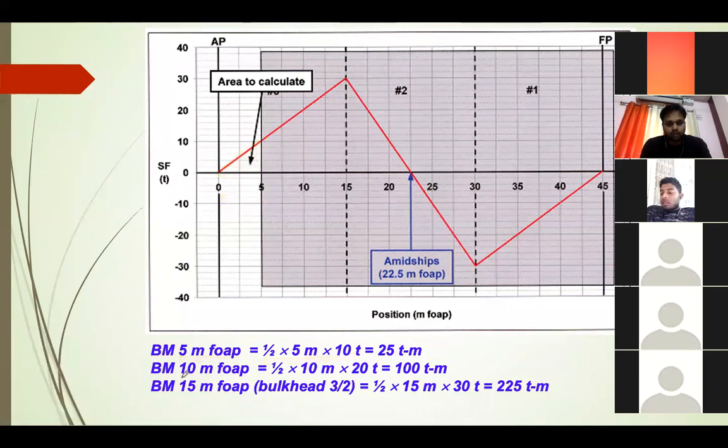So again, if you want to calculate bending moment at 10 meters, you're going to calculate at 10 meters this portion. So it will be basically this whole area.